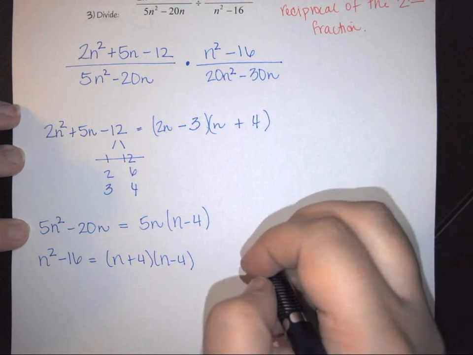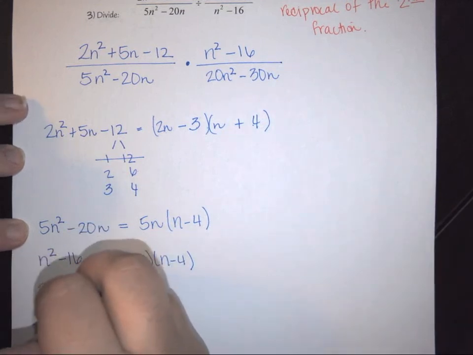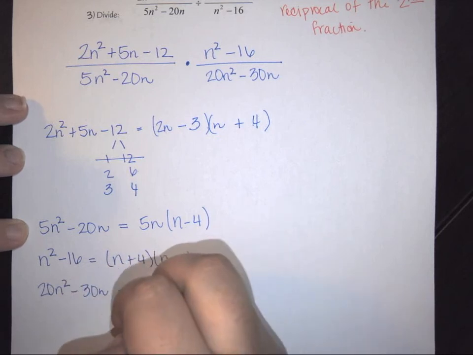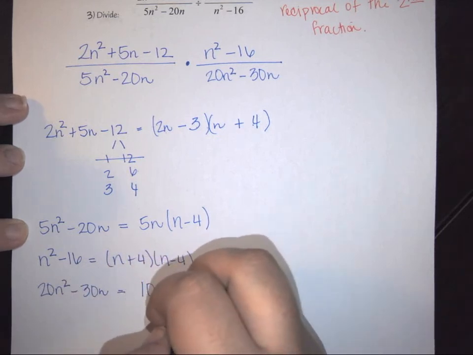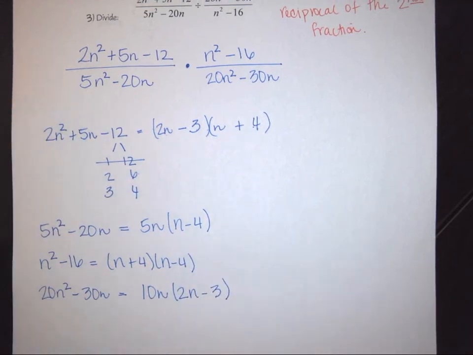And then last I have 20n squared minus 30n, which is going to give me a 10n on the outside and a 2n minus 3 on the inside.